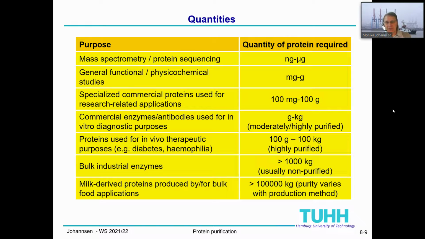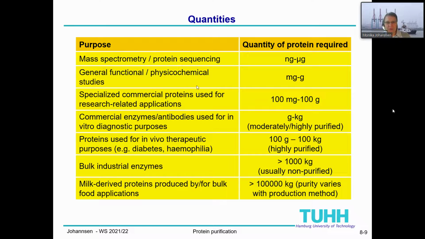So if we think about the scale of separation and what quantities are necessary for certain applications: if we just want to do protein sequencing, for example identification by mass spectrometry, we only need a few nanograms to micrograms.